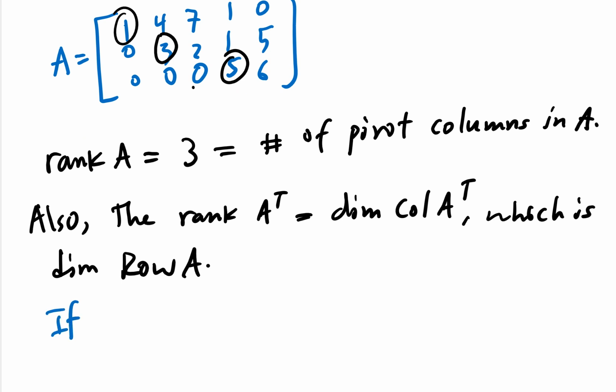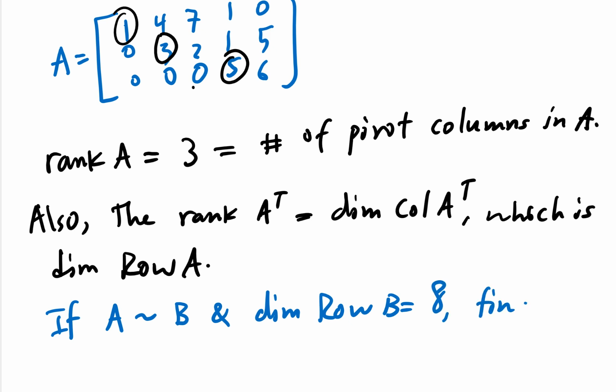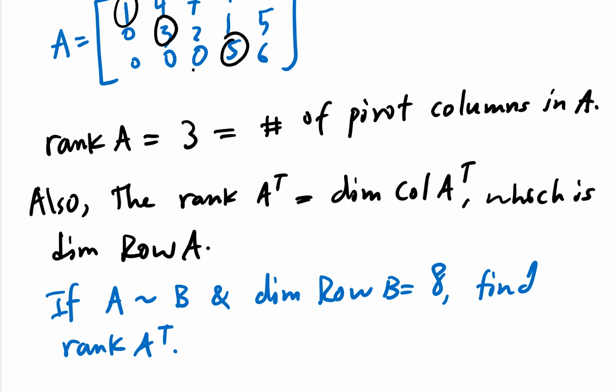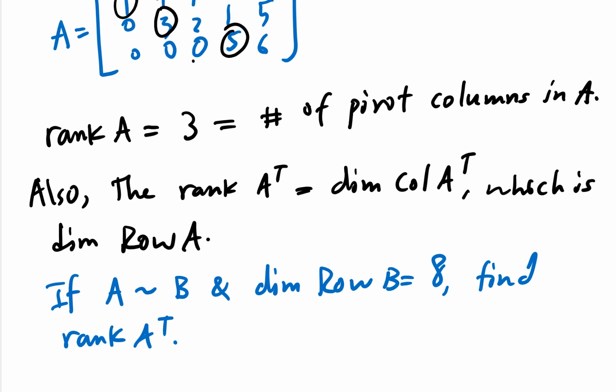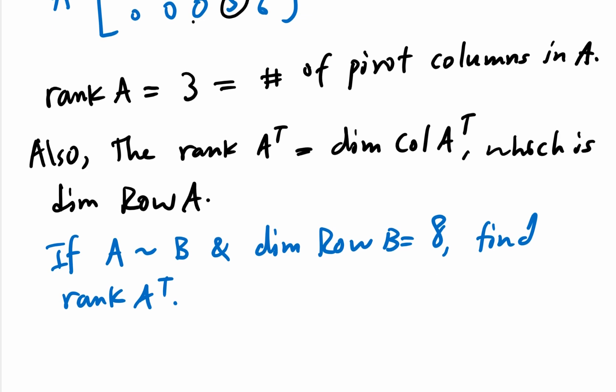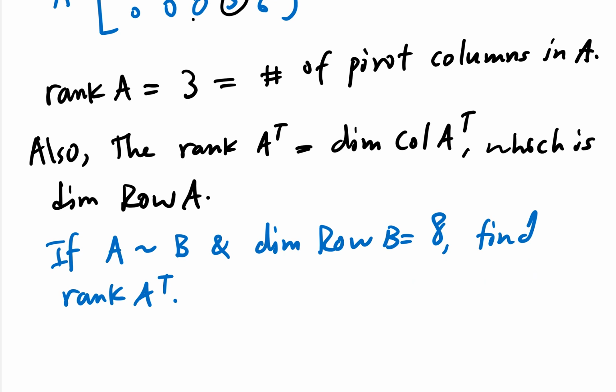Let's say A and B are two matrices that are row equivalent, and the dimension of the row space of B is 8. Find the rank of A transpose. Because they are row equivalent, that automatically means the dimension of the row space of A is also 8.